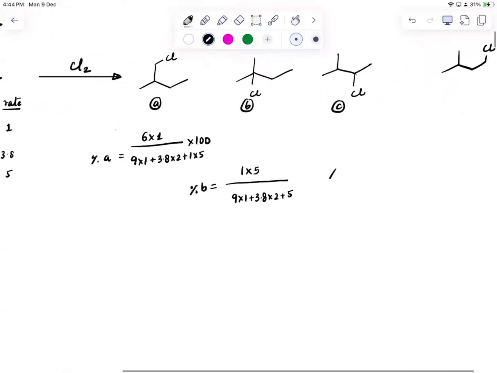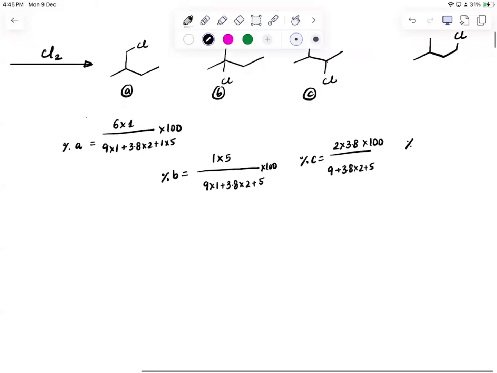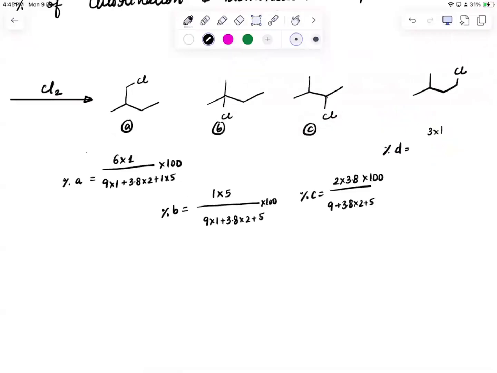And percentage of C is 2 times 3.8 divided by 9 plus 3.8 into 2 plus 5, into 100. And lastly, percentage of D is 3 times 1 divided by 9 plus 3.8 times 2 plus 5, into 100.